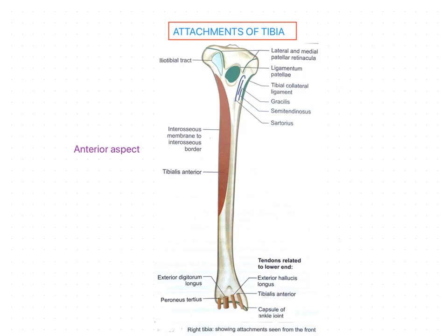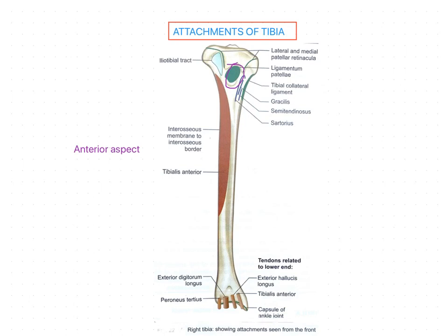As all of you know, this is the tibial tuberosity, and the upper part of the tibial tuberosity has a smooth part, isn't it?